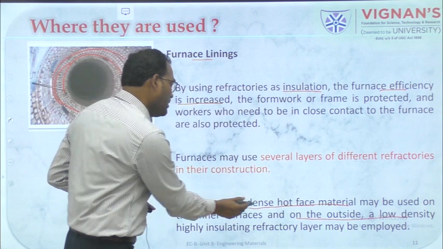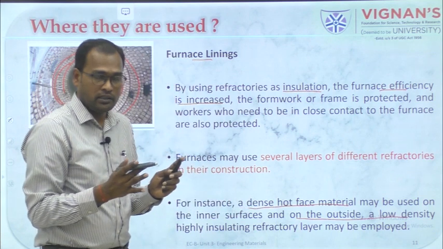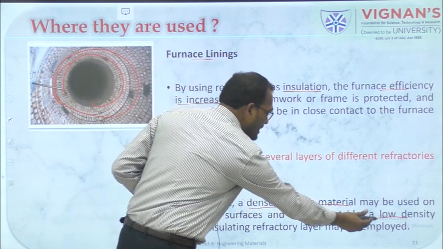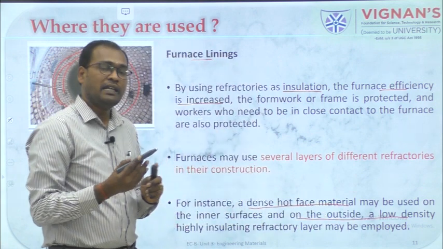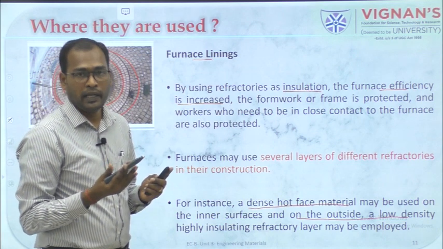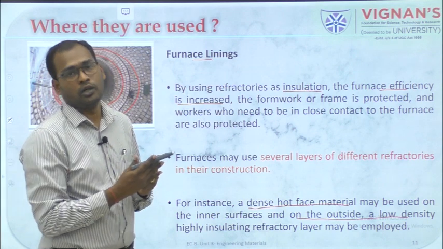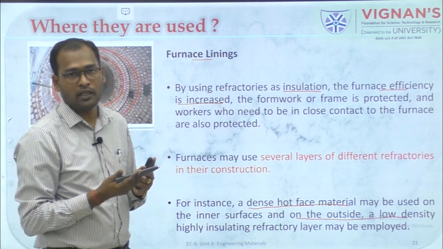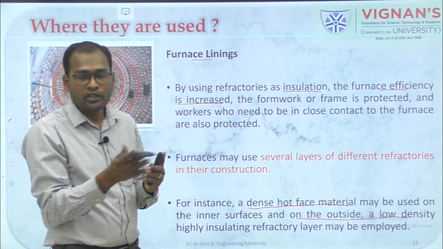So the inner one will be very dense, and the outer one will be less dense, right. The density plays a major role here, because if the material is low density, the air can penetrate into it. Once the air goes in, air being the best insulator, the conduction of heat will be stopped, right.